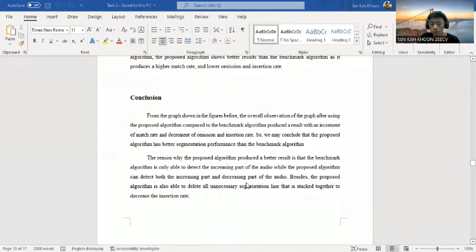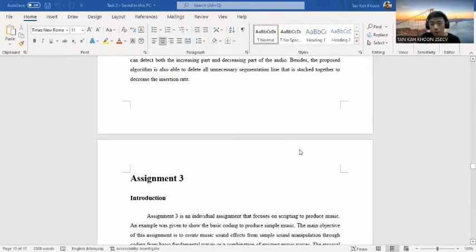So from the graphs shown in the figures before, the overall observation after using the first algorithm compared to the benchmark algorithm is an increment of match rate and a decrease of omission and insertion rate. So we conclude that the proposed algorithm has better segmentation performance than the benchmark algorithm.